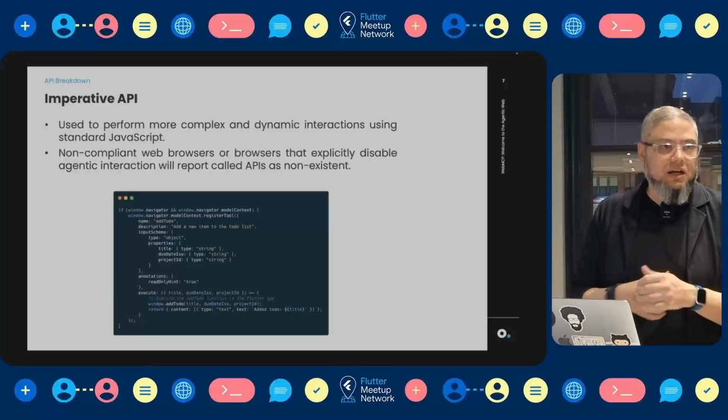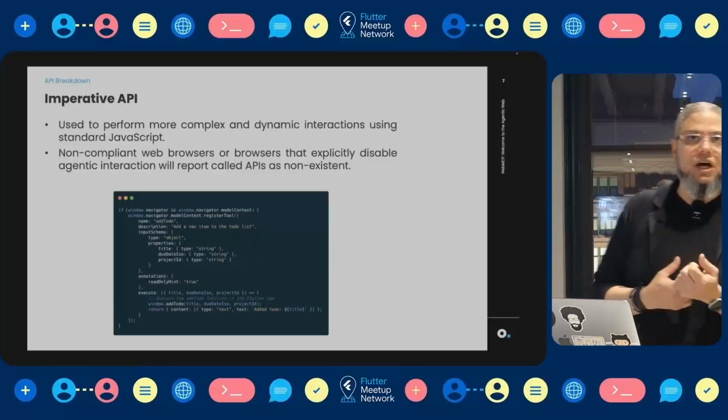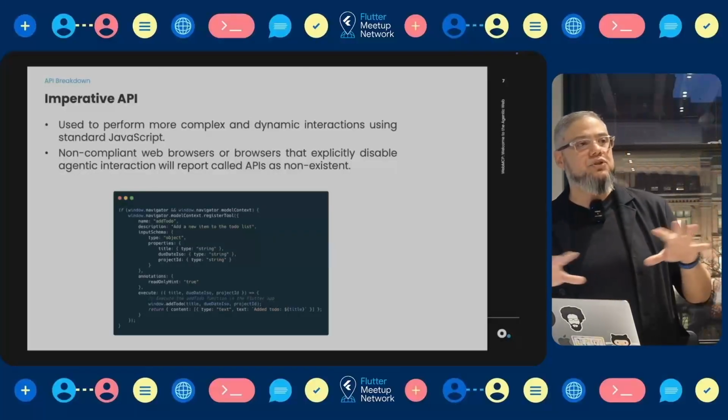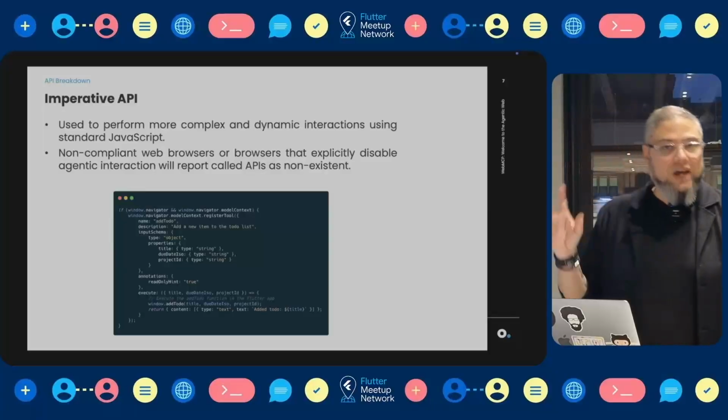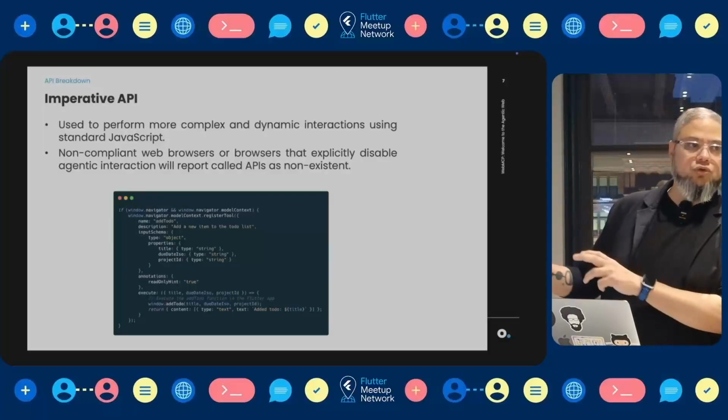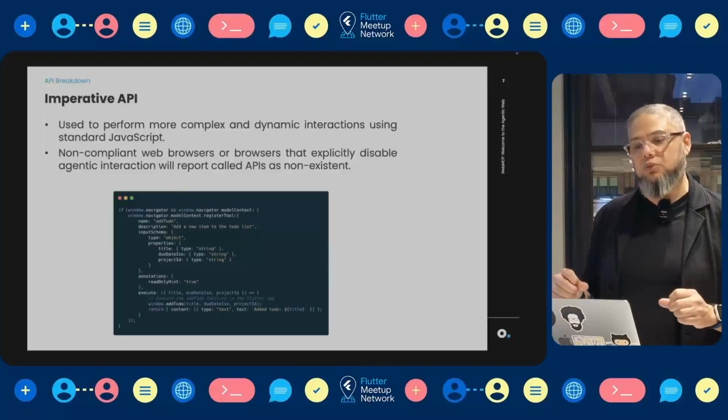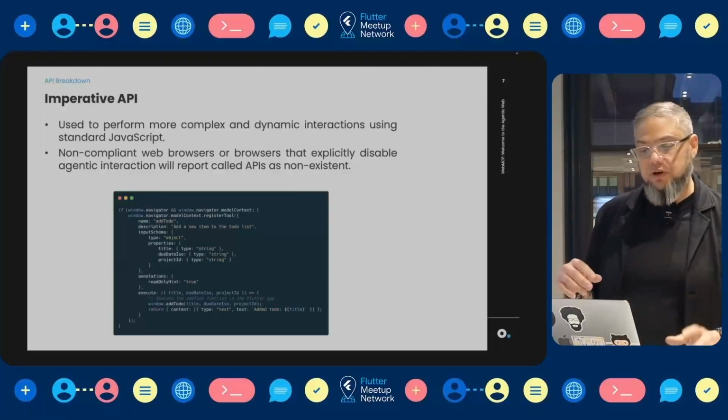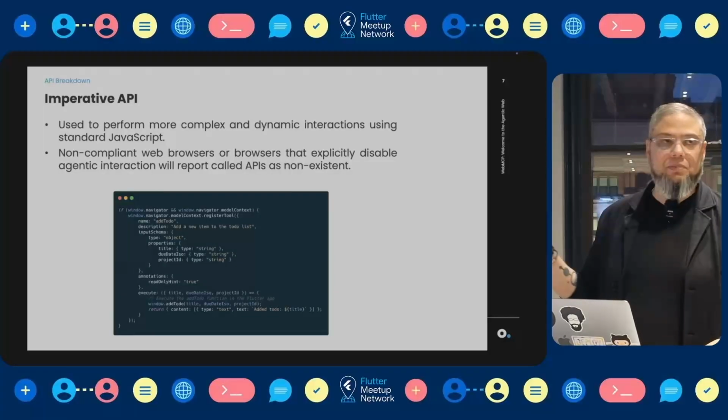Gaming could be a good one. Anything that can be supported by JavaScript could theoretically be automated through WebMCP. We're gonna see good examples of this, particularly with the imperative API.